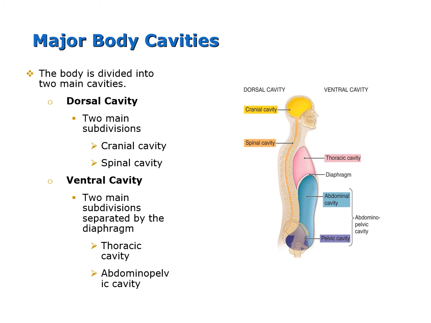And the ventral cavity has two main subdivisions that are separated by an actual separation plane that is the diaphragm, which is a muscle. We have the thoracic cavity in the upper part, and we have the abdominal cavity in the lower part.